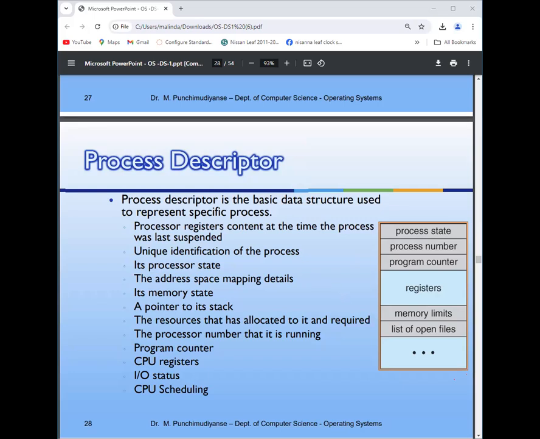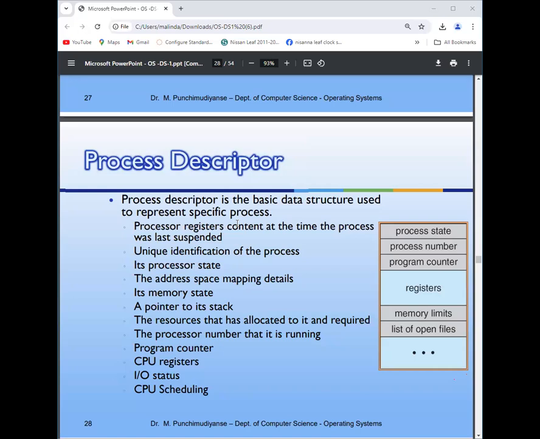So the first thing is the registers of the processor, the contents of the registers when the process is suspended; that has to be there in the process descriptor. And then the unique identification of the process. That means a process should be given a process ID. Using that ID, we can kill the process.